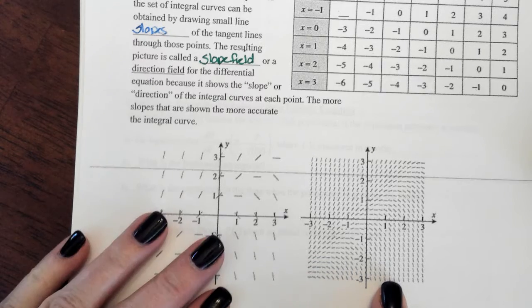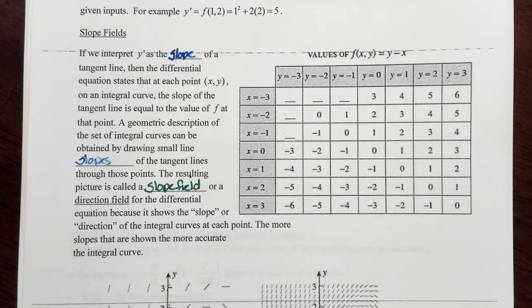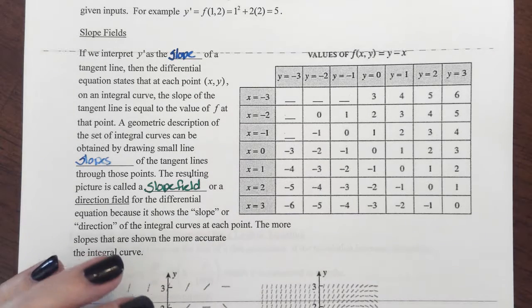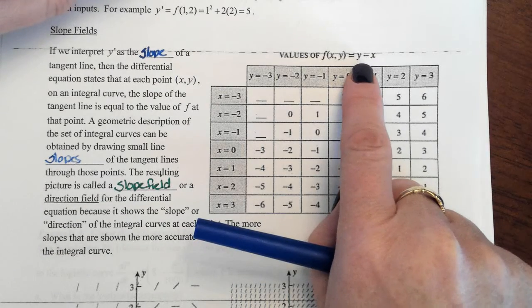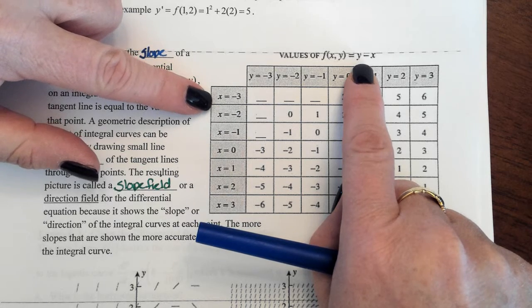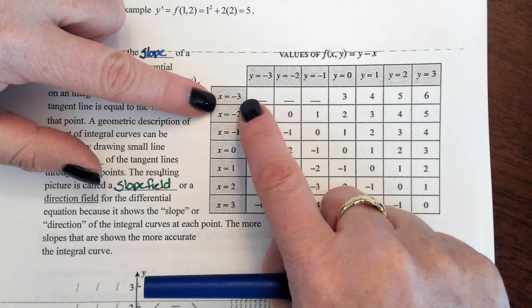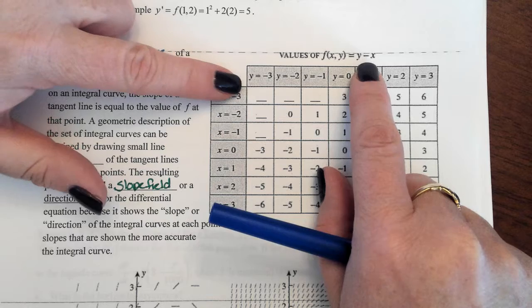So the first thing when you're constructing a slope field is to identify and approximate the slope of the tangent line at each particular point. You can do this by building a table of values. For example, here is the derivative y minus x. To calculate the slope of the tangent line at a particular point, for example when x is -3 and y is -3, I plug in -3 for x and -3 for y.